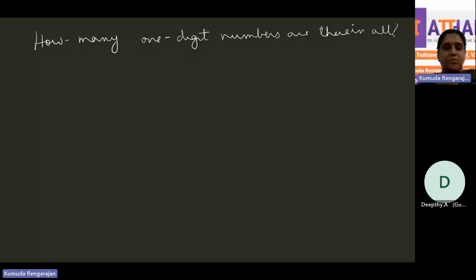So the total number of 6-digit numbers is equal to 899,999 plus 1, which is what?